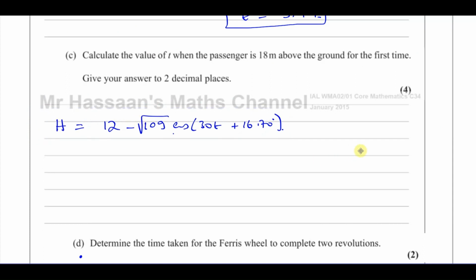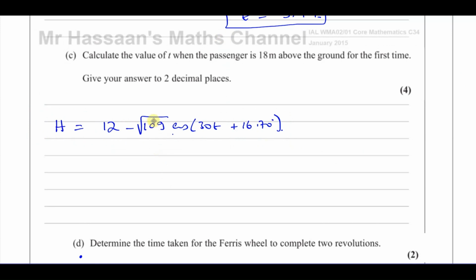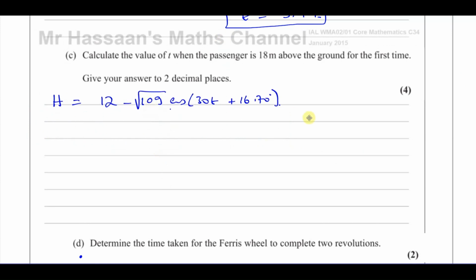So we want to know when this expression here is above 18. So we'll find out when it becomes 18. Okay, so let's find out when h becomes 18 meters, not t. So let's find when h is equal to 18 meters first. Let's do that. All right, so we can just basically equate this to 18.